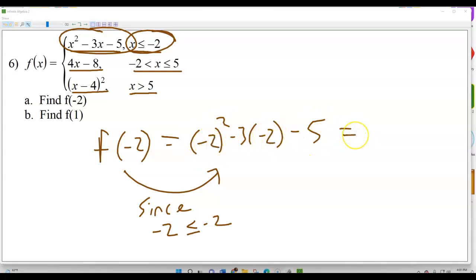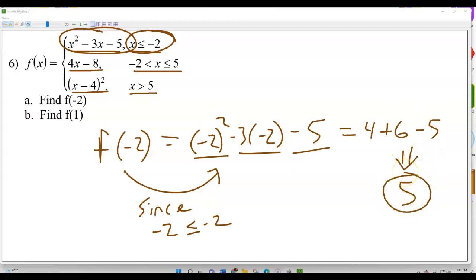And then we just solve. So this is 4 plus 6 minus 5. And so the final answer there would be 5 if you combine all those together. So you have to look at what number you're plugging in and see which one of these inequalities it applies to, and then plug it into the corresponding piece over here.